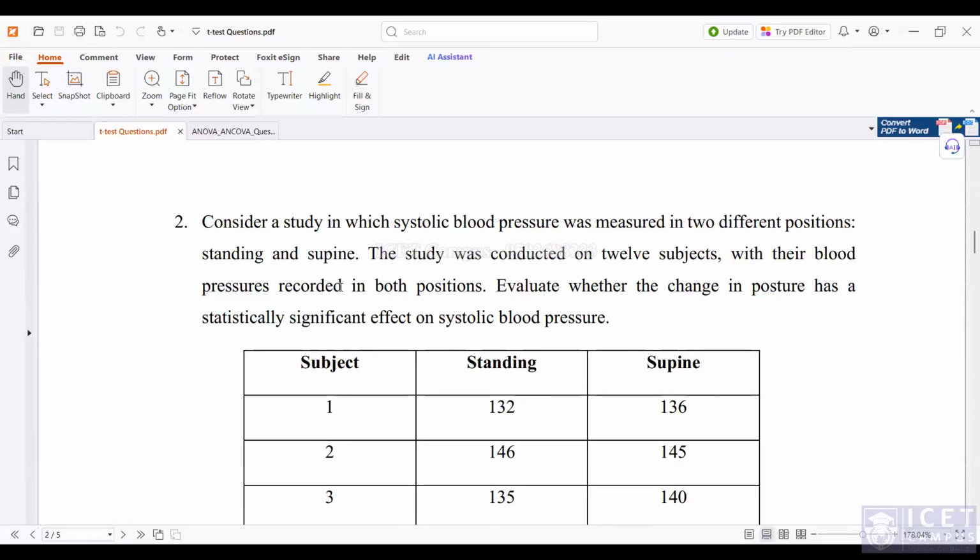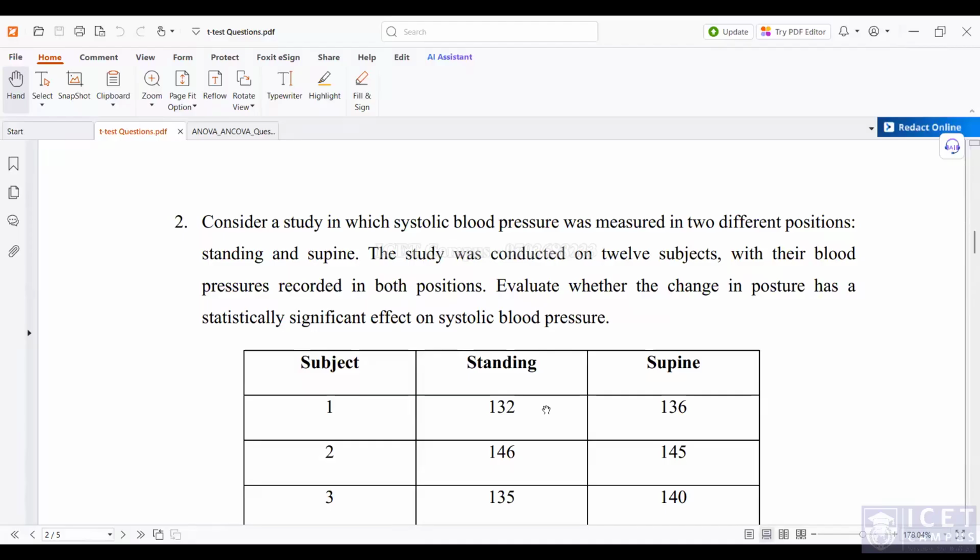Evaluate whether the change in posture has a significant effect on systolic blood pressure. So we can see here that for one subject, the blood pressure is measured two times, standing and supine.